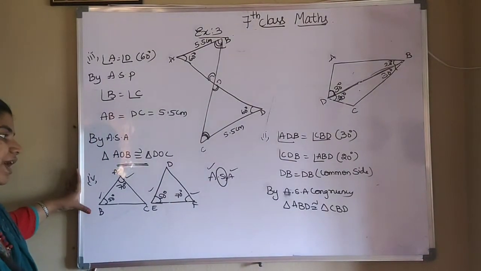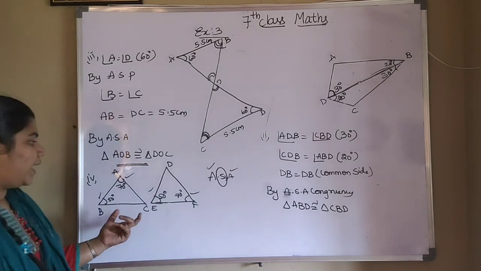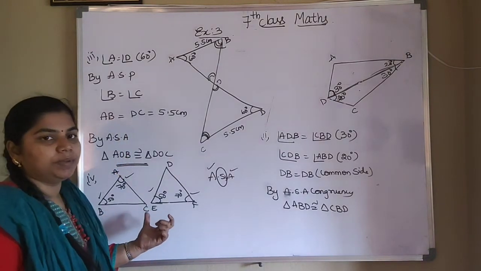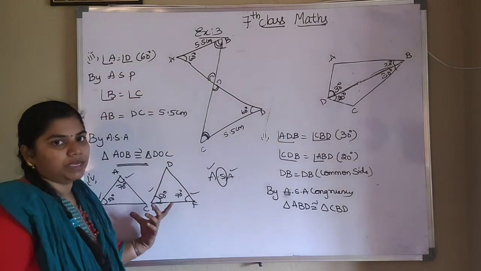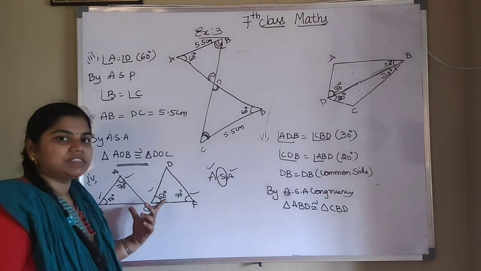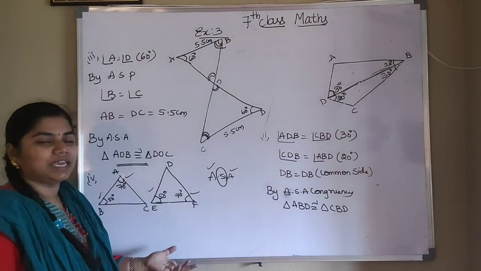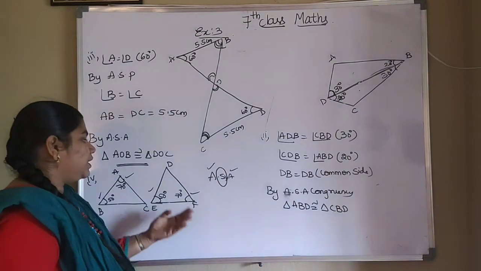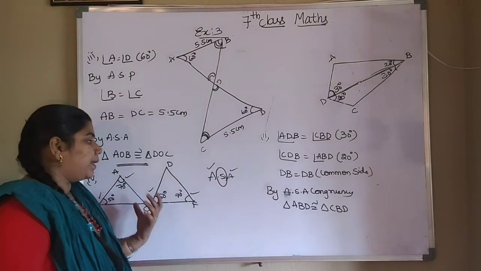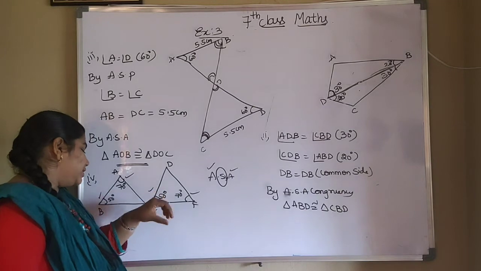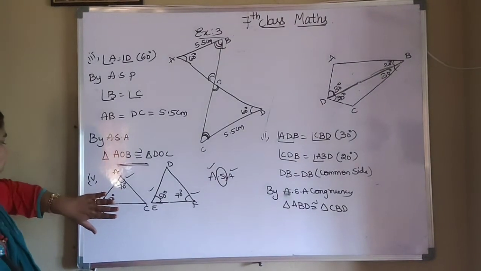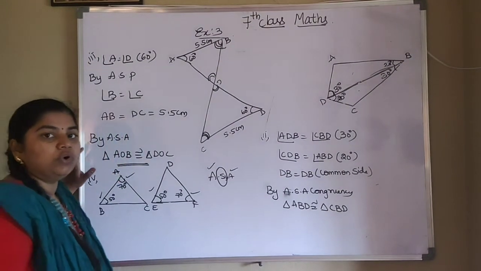But the side value they didn't give. So we can't say that these two triangles are congruent to each other because a side is not mentioned. If they mention any one side, then only we can say that these two triangles are congruent to each other. But in this case, they didn't mention any side value, so we can't say these two triangles are congruent.